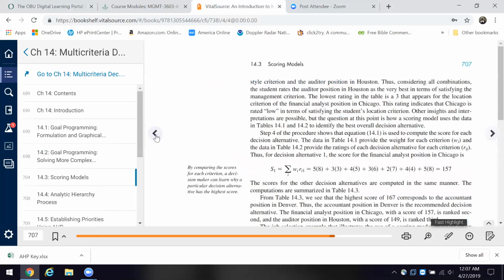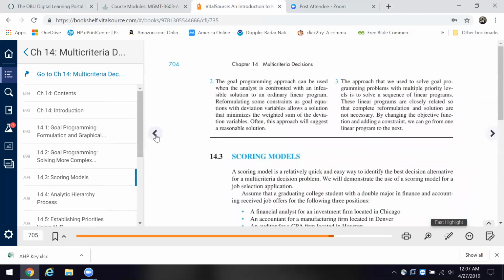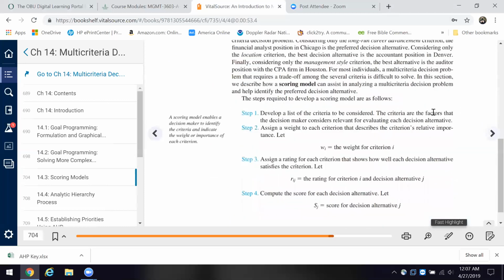Now, quickly, let's go back and review what we've got going on with this. We start with a student who has been offered 3 positions and is going to try to figure out which position he wants to take. Then we walk through a step-by-step process. We develop a list of the criteria to be considered.